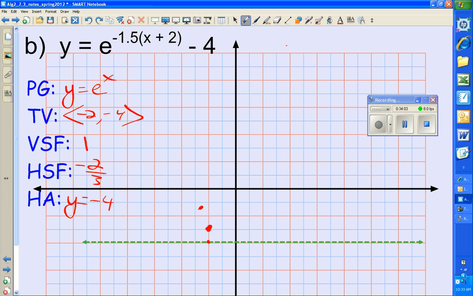Do we leave that or do we have to move it? We leave it. And in the parent graph, we normally go left 1 up 1 over e. What are we going to do? Right 2/3, and it stays up 1. So we're flipping everything horizontally, and when we bring this graph down, that's the idea.